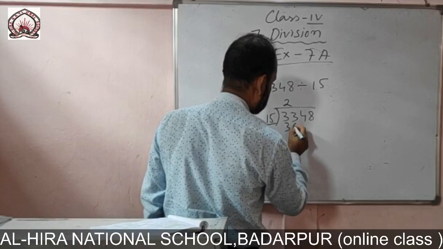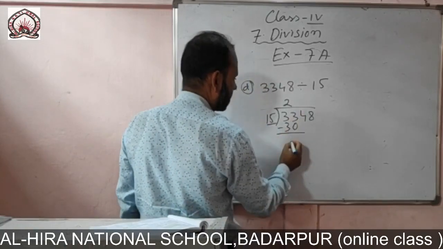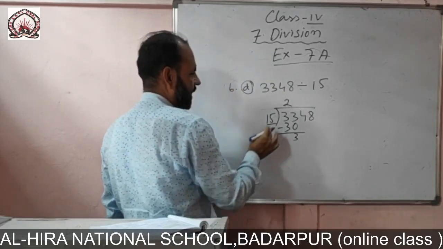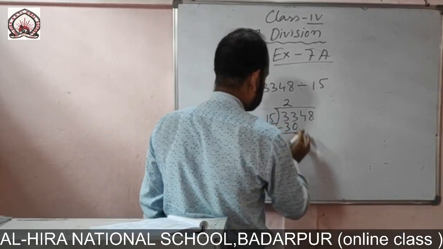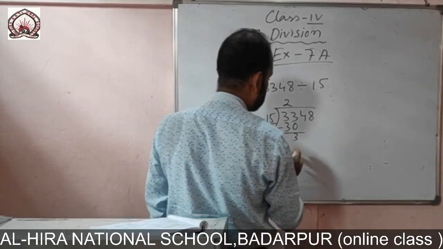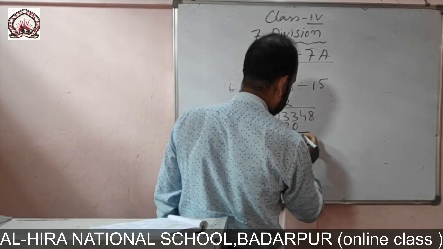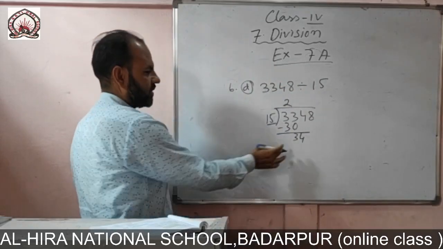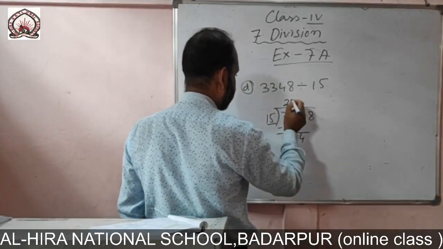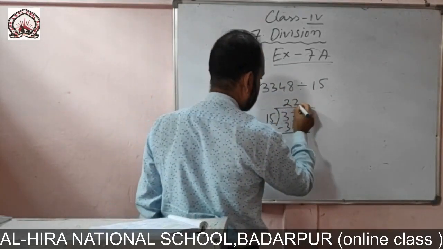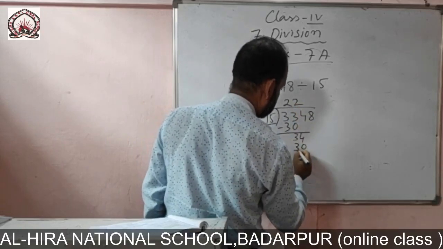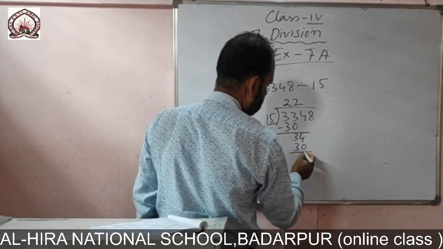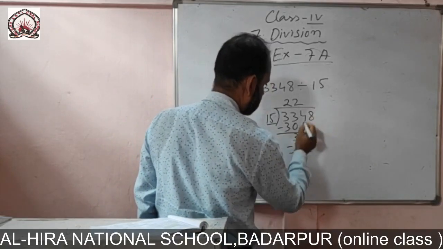Then 3 minus 0 equal to 3, and 3 minus 3 equal to 0. Then we take down 4. Here 34. So again 15 2s are 30. Remain 4. Take down 8. 48.